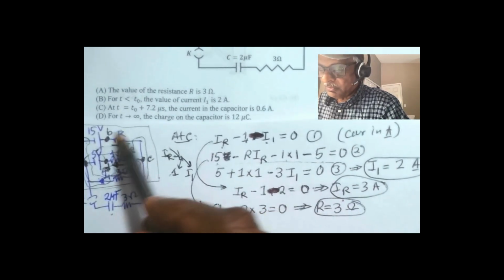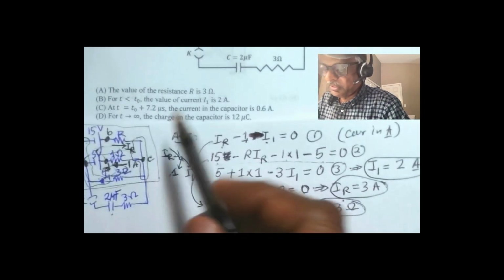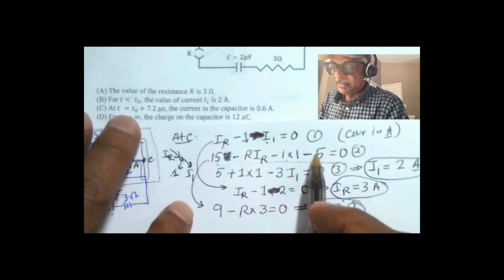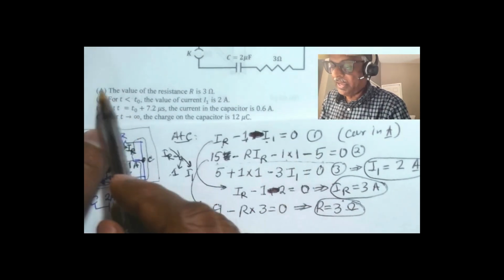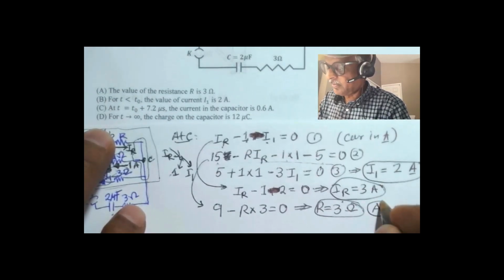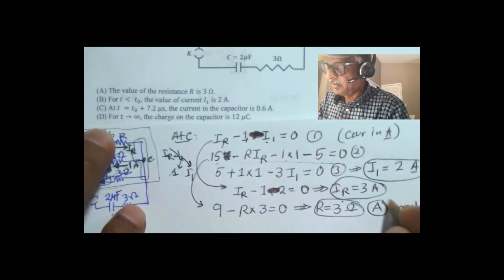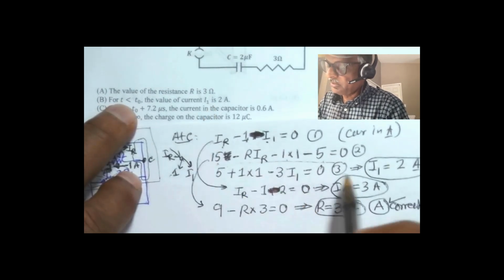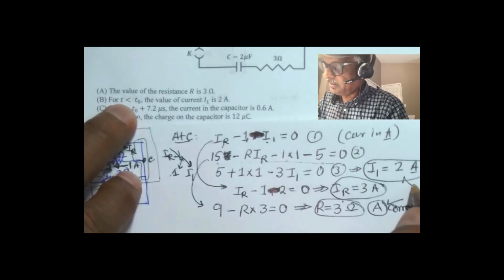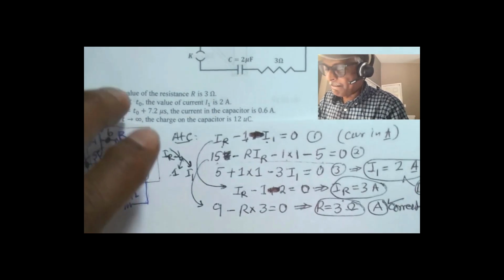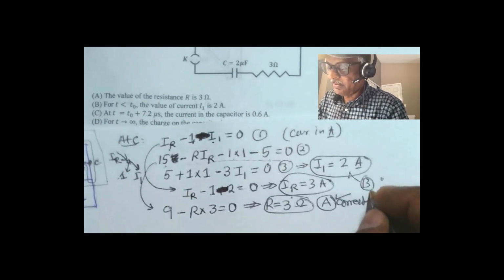So I've got all of these things that are known in that part, and I can definitely answer question A. So A is correct. Okay, the value of the current I1 is 2 amp. That's B is correct. B is correct.